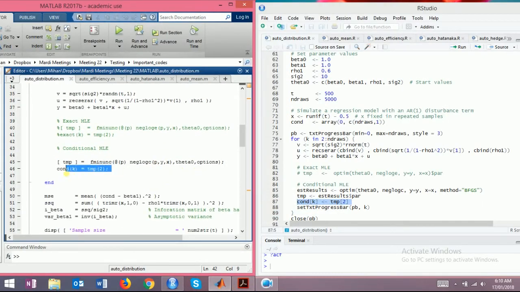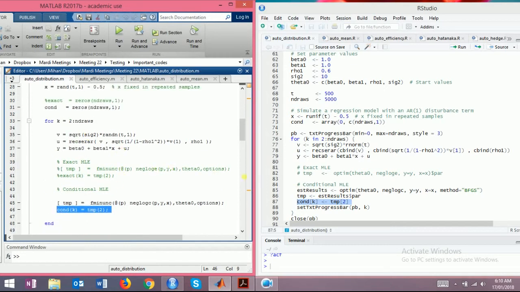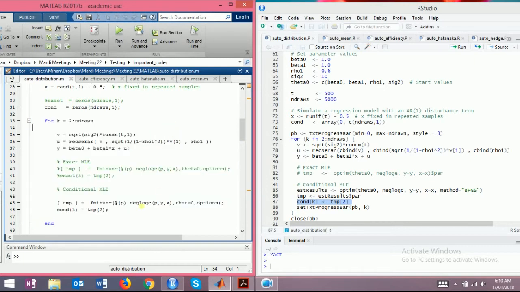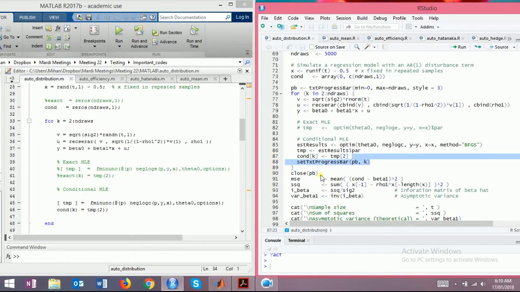So TMP2 beta 1 will be generated 5000 times for up to k, and then the loop ends. The whole calculation will continue to happen 5000 times, continuing to store beta 1, and you will have 5000 beta 1 replications, which is really nice.